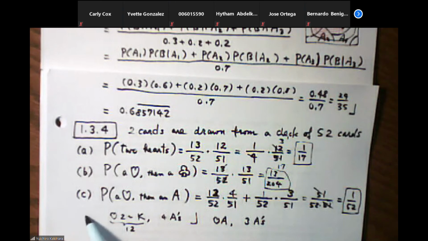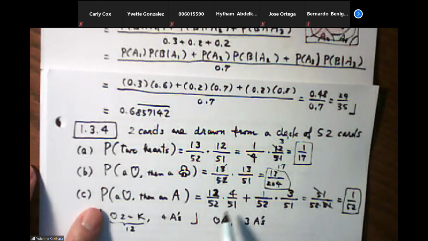We're not considering the ace of hearts. This is eliminated, so only 12 choices. That's why we have 12 here. We're not picking up the ace of hearts this time, first time. So we're eliminating that one, so there are 12 hearts left. So out of 12, we have to choose one.